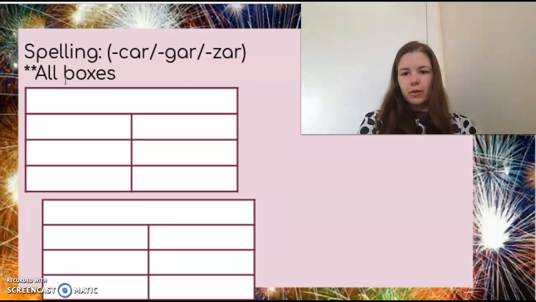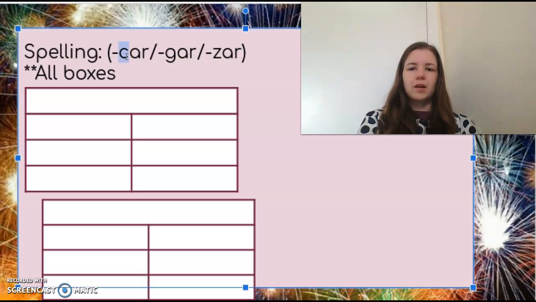The next topic with irregulars in this tense are going to be the car, gar, zar verbs. So remember, the letter C can make the k or s sound. In Spanish, the letter G can make a g or h sound. And the letter Z, it's just lumped in here too. It always makes an s sound.